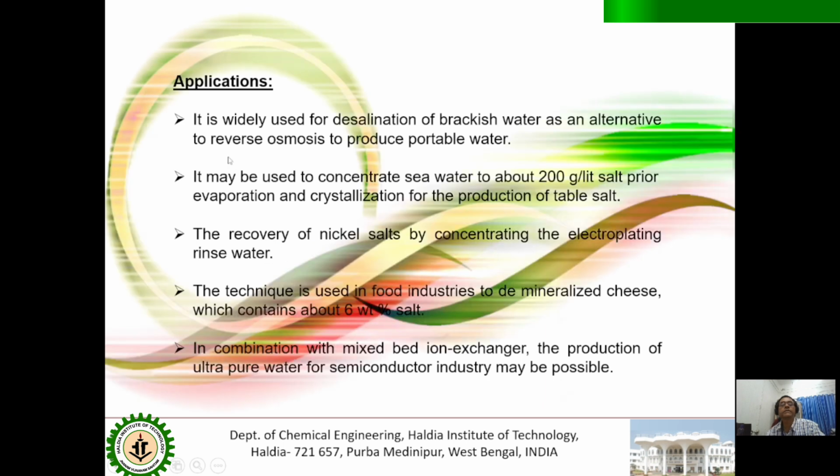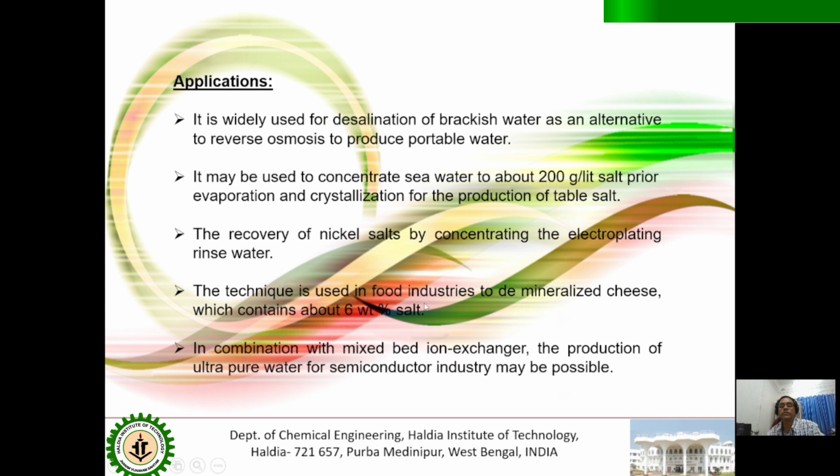So the applications of dialysis may be in various fields. It is used in desalination of brackish water. It is used to concentrate seawater up to say 200 gram per liter of salt prior to evaporation and crystallization for production of table salt. It is also used in recovery of nickel salts by concentrating electroplating rinse water.